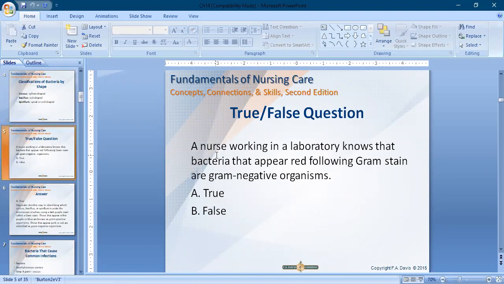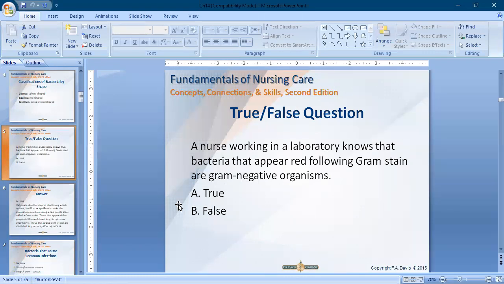A question like this: a nurse working in a laboratory knows that bacteria that appear red following the gram stain are gram-negative organisms. Is it true or false? The nurse working in a laboratory knows that bacteria that appear red following staining under the microscope are called gram-negative organisms.